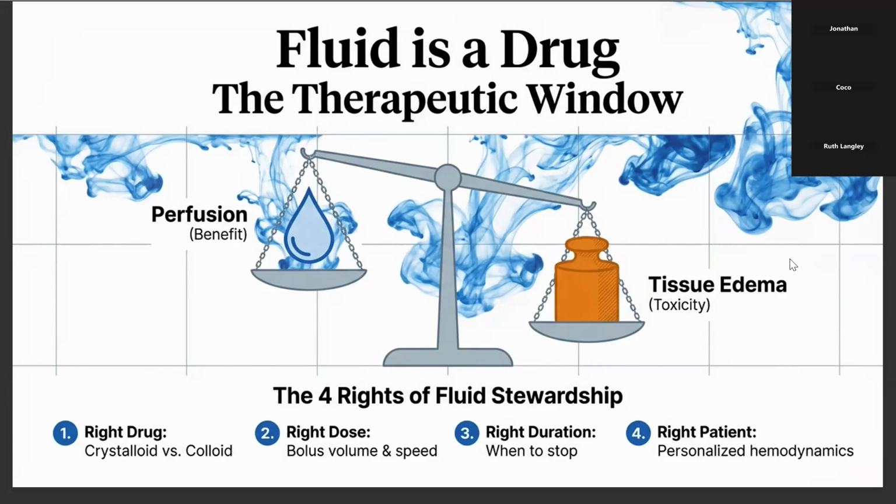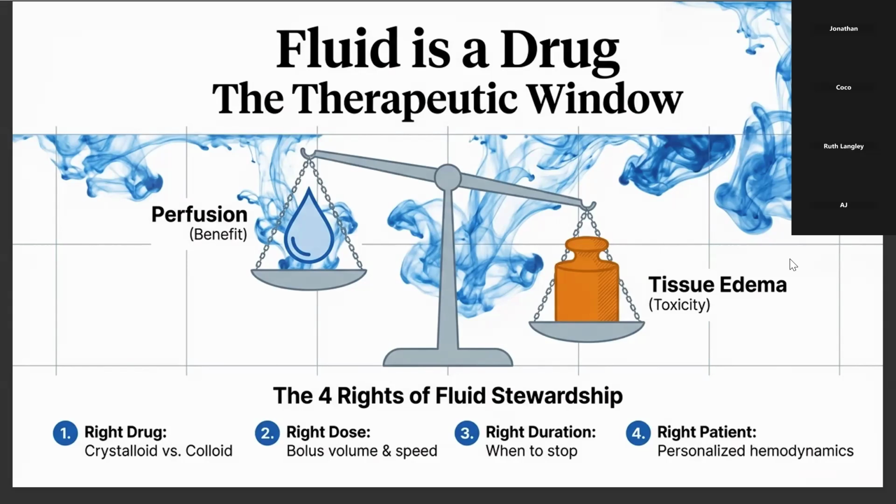So the four rights of fluid stewardship really are about the right drug. So we need to understand the difference between crystalloids and colloids. The right dose. So what is the bolus volume and the speed of that bolus? And we don't always get that right.